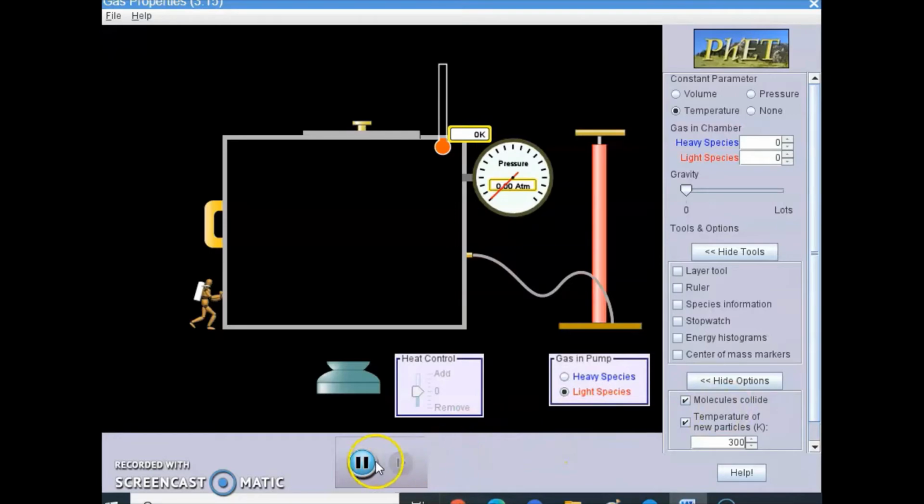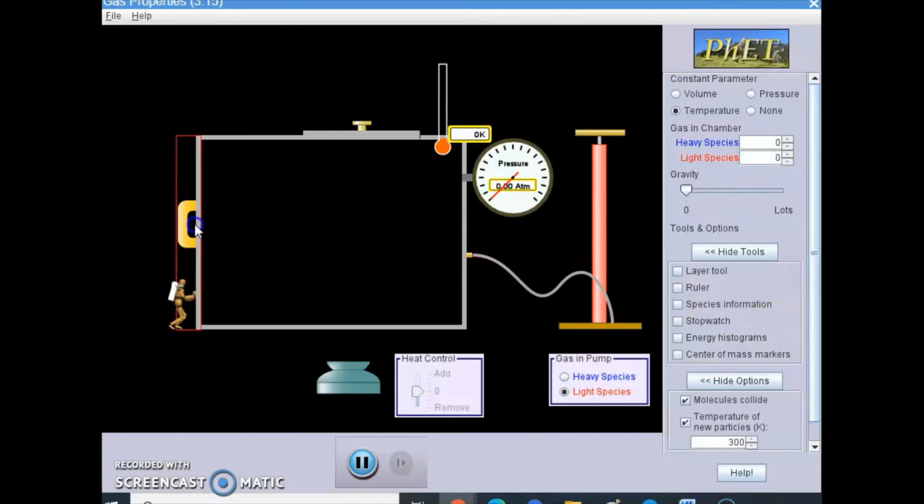Now we will adjust the volume of the container by clicking the handle on the left side of the container. So this is our manipulated variable, the volume of the container.